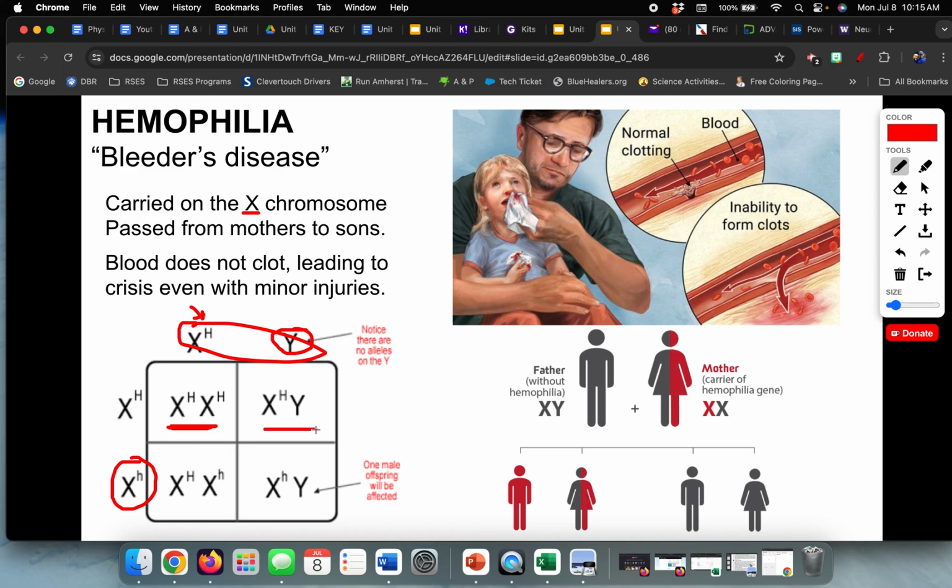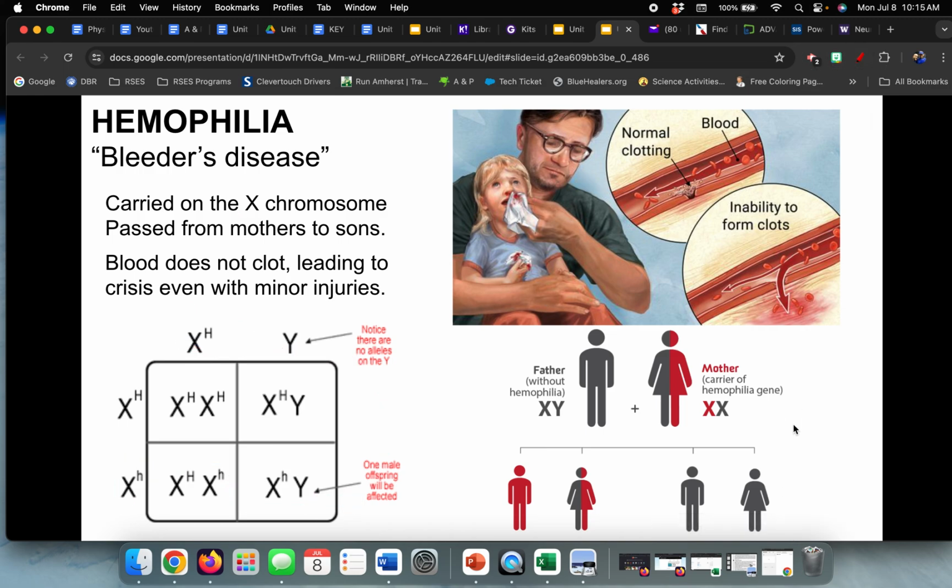A boy that has no chance of passing it on to a baby. A girl that's a carrier, so she could have a baby with it, but she doesn't have it herself. Or a 1 in 4 chance of it being a boy with hemophilia. Because again, dad cannot give any hemophilia traits to a boy because he's giving the Y, and that Y doesn't have the trait for hemophilia on it.